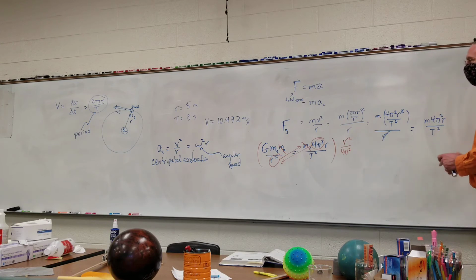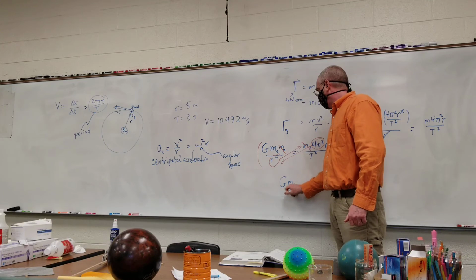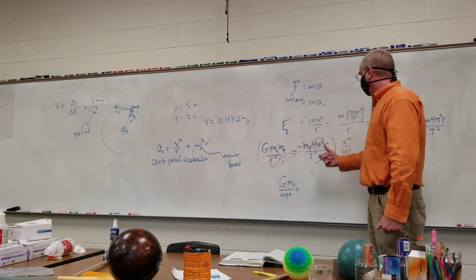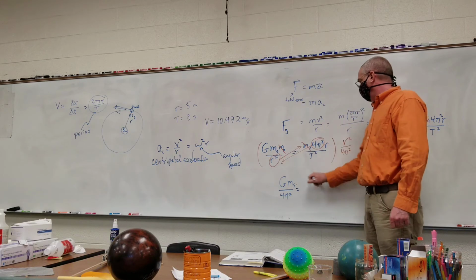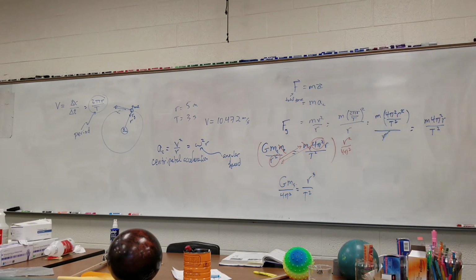What I end up with on the left-hand side is big G mass of sun over 4 pi squared. And on the right-hand side, I have r squared times r, which is r cubed, over T squared. And that's where I wanted to get. And I'm sure you're looking at that going, oh man, that's just so incredible. So questions before we talk about why this is so incredible?